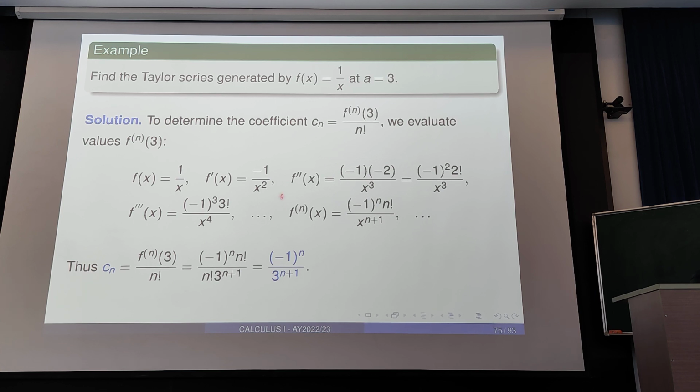And of course, to have this formula, we need to use the induction method to prove it. We observe the first terms of the derivative, then we conjecture a general formula, and we need to prove that. And how to prove? You can use the induction method. But the most important point is to guess this general formula.